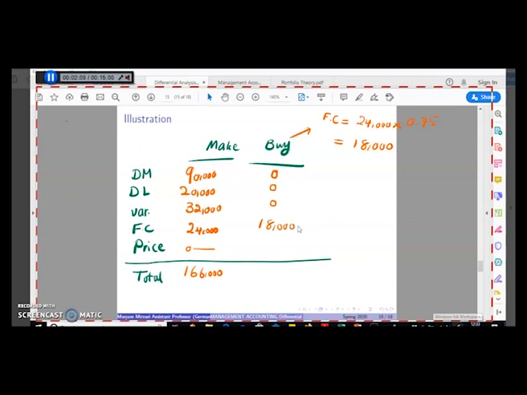And next is the price that I have to pay. So how much do I have to pay? In fact, I'm going to have 166,000 times 0.9, which was the price given.